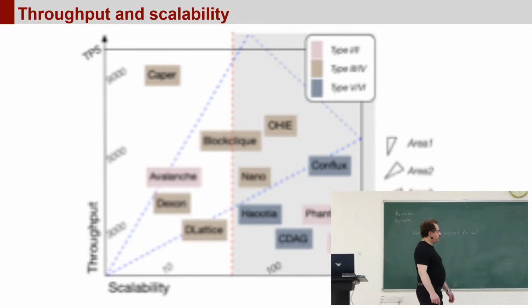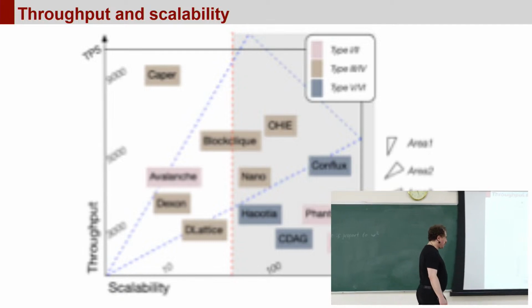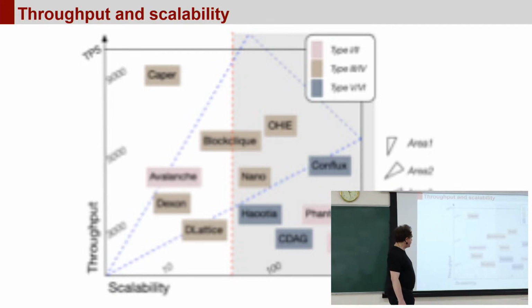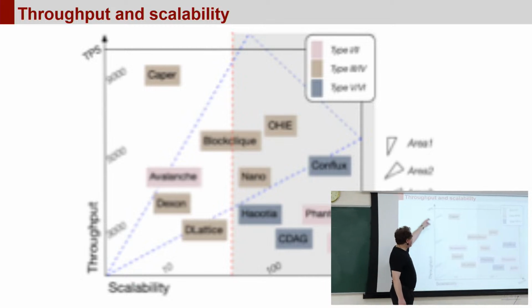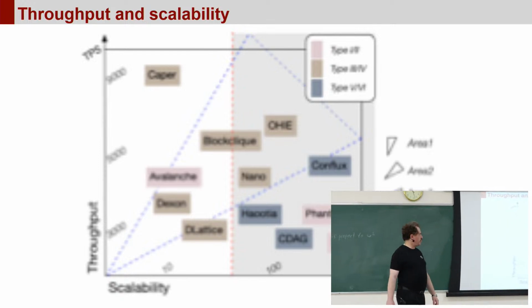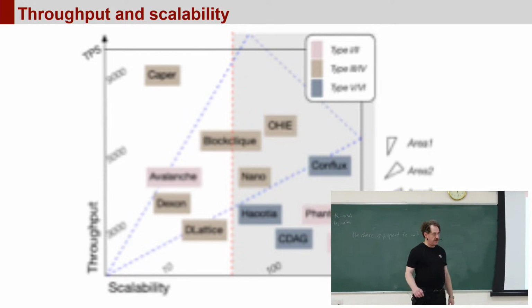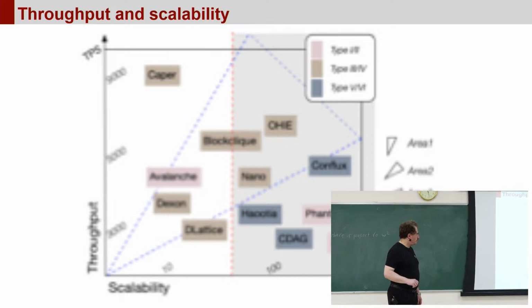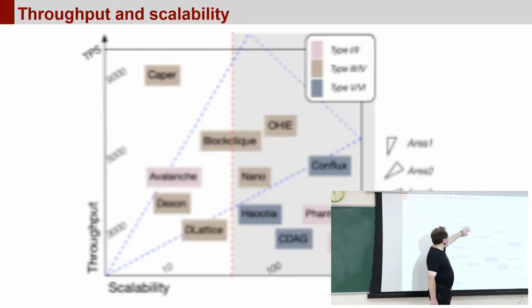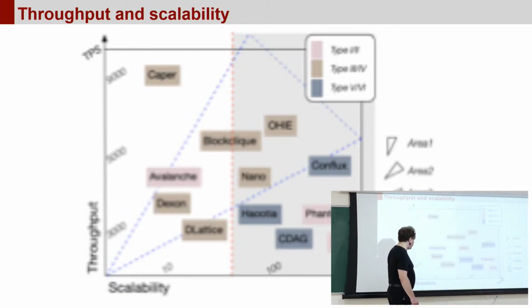So another question is throughput and scalability. Scalability means the number of nodes the system is able to support, while throughput means the transaction rate, the number of transactions per second that the system is able to process. And here each block represents a different DAG-based system.